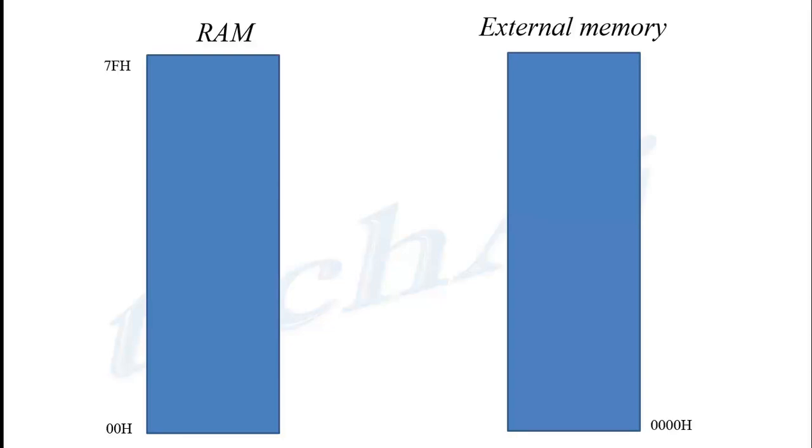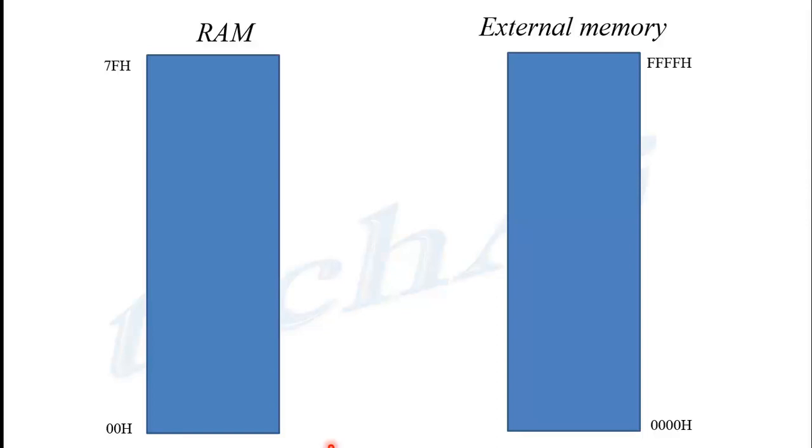We know that in the 8051 microcontroller, the RAM memory is of size 128 bytes, having address range from 00H to 7FH, whereas external memory can be of 64 kilobytes, having address range from 0000H to FFFFH.